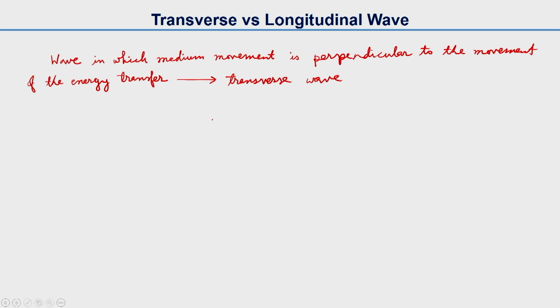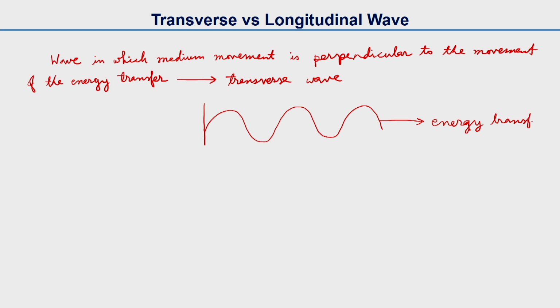For example, as we talked about, a wave like this, the energy transfer is in this direction. Let's say we are talking about a water wave, whatever we showed in the last slide.